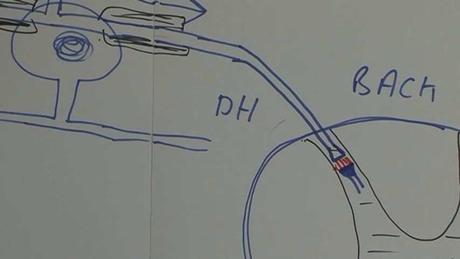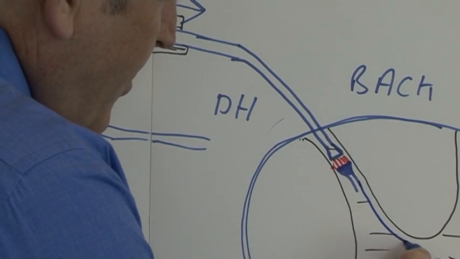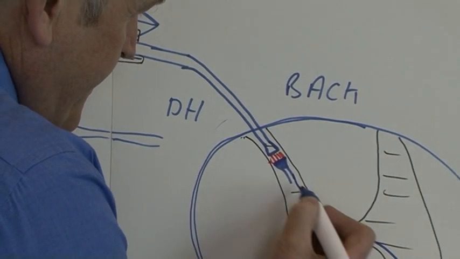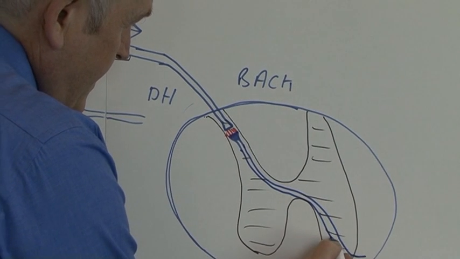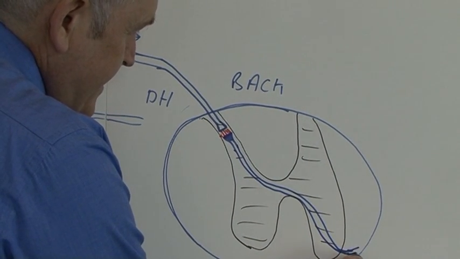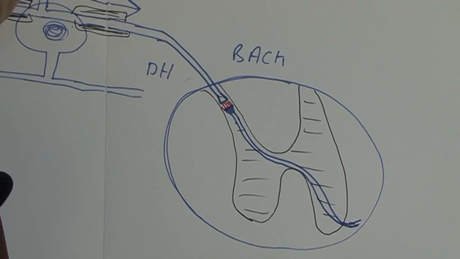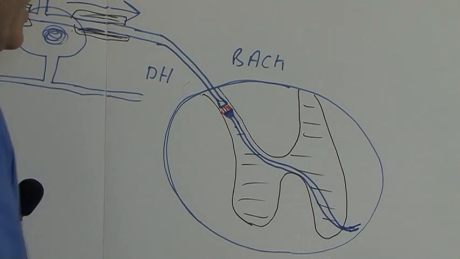Now in the case of the A delta fibres, what happens now is this goes across the spinal cord like this. The posh name for this process is decussation. The nerve fibres decusate.